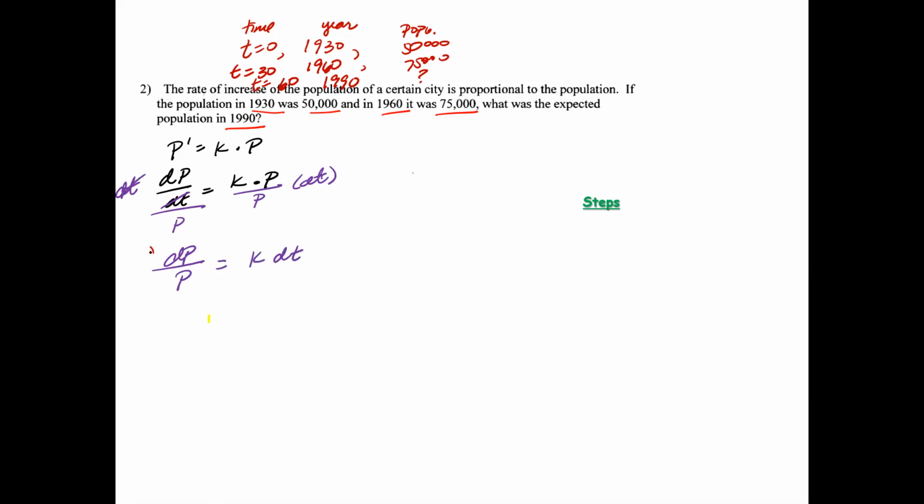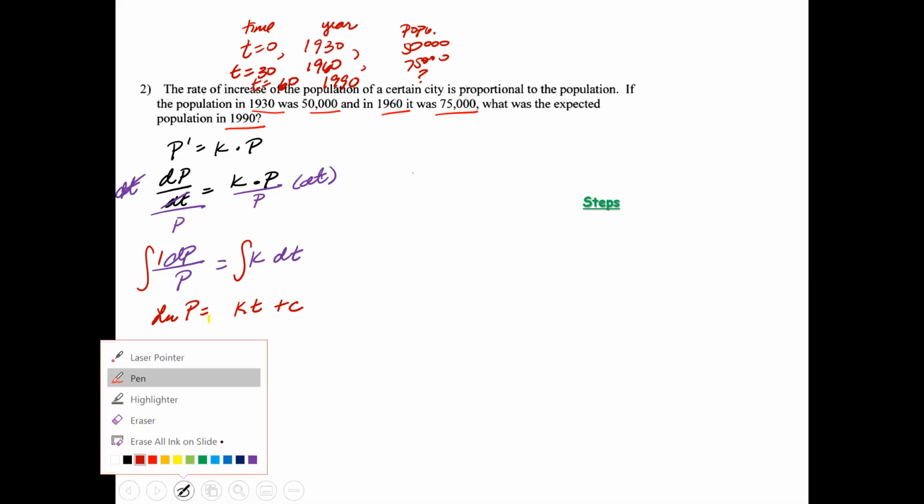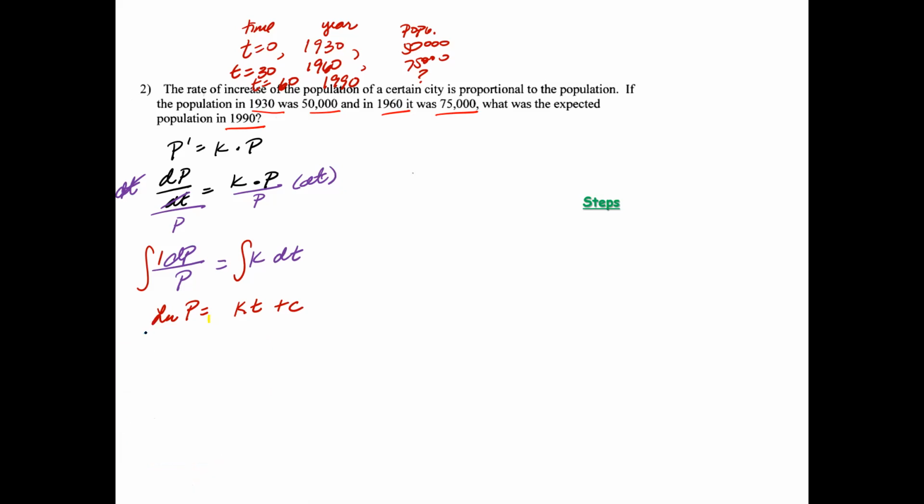And you're going to go ahead and integrate both of these. Integral of 1 over P is just ln P equal to Kt plus C. I want to put x, but we're not doing x, we're doing t now. To get rid of the ln, we're going to put the e on both sides. Ln e cancels. P is equal to C e to the Kt.